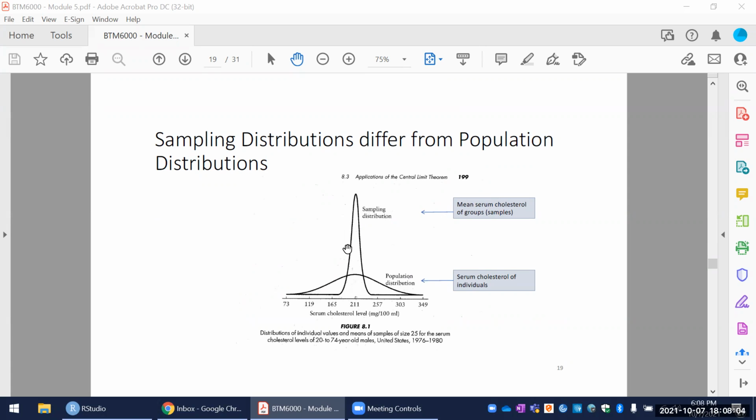It will be more likely to follow the shape of a normal distribution, and the mean of all the means you have collected to build your sampling distribution will be identical to the mean of your population distribution. We will use these insights to do hypothesis testing based on samples that were drawn from the population.